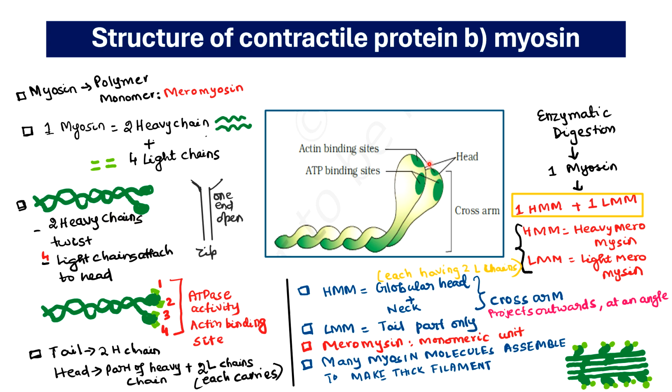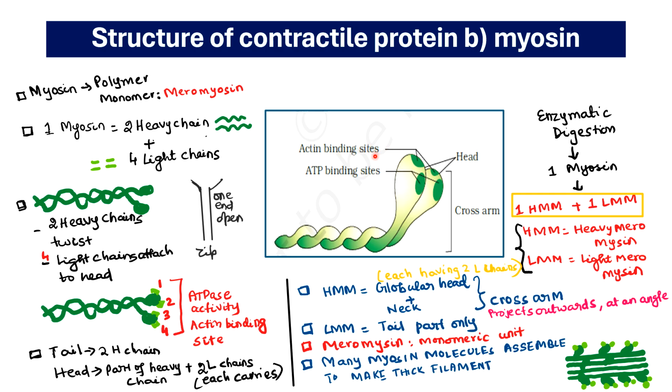And what is this head region made up of? Head region is made up of a part of the heavy chain to which two light chains are attached. Okay, you should remember that the light chains possess the regulatory activity. For each head, there are two light chains present, and so there are two regulatory sites present.